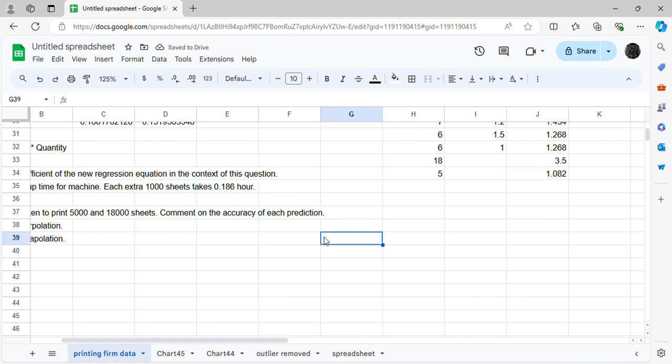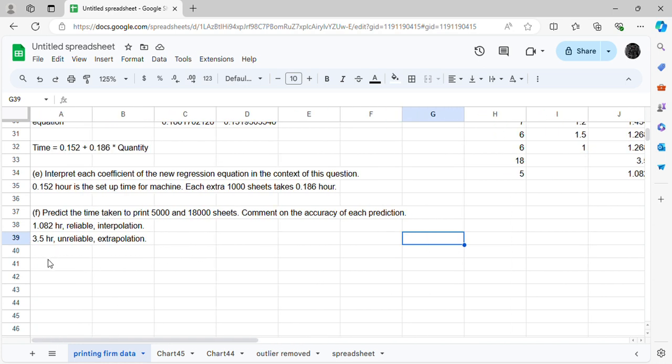So for 5,000 sheets, we type equal 0.152 plus 0.186 times 5, and that's 1.082 hour.